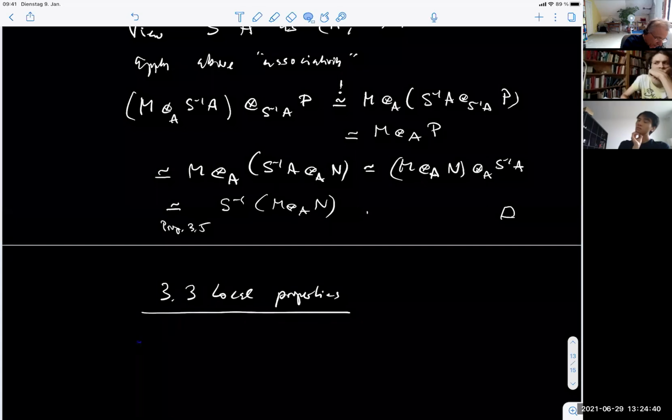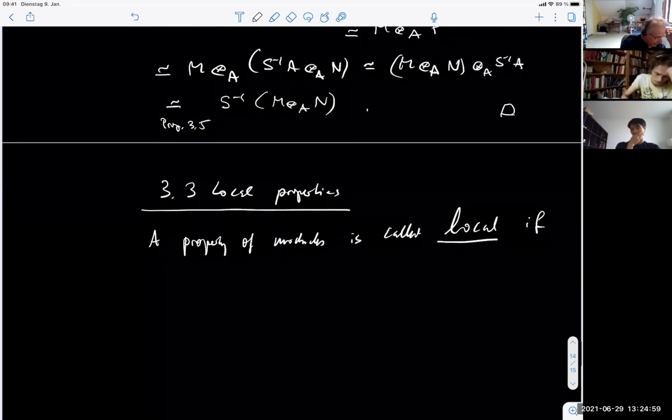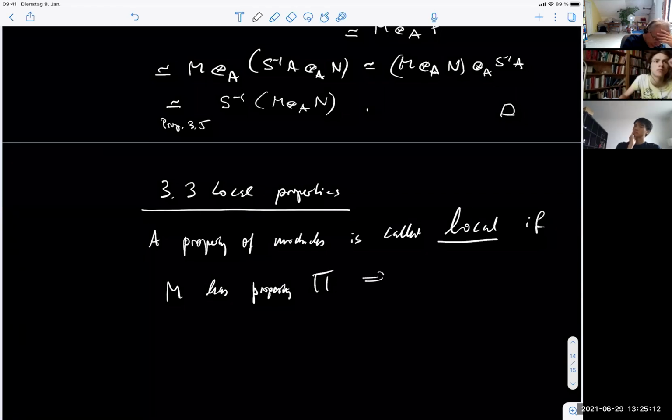So a property of modules is called local if, okay, I write it generally, M has this property. Let's call it property P, if and only if all localizations at prime ideals have this property.